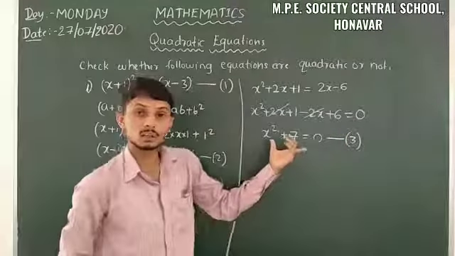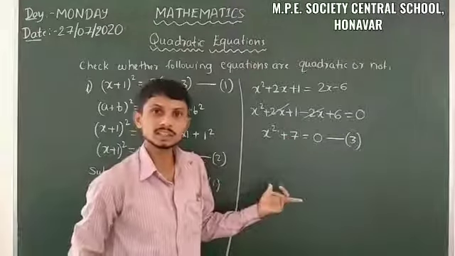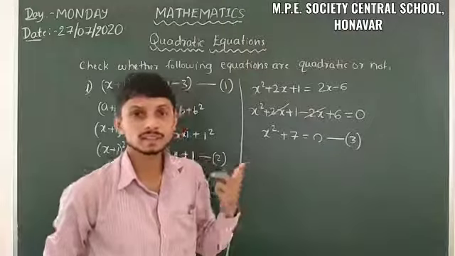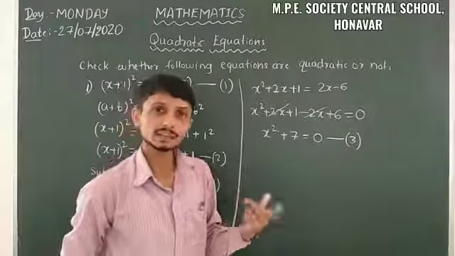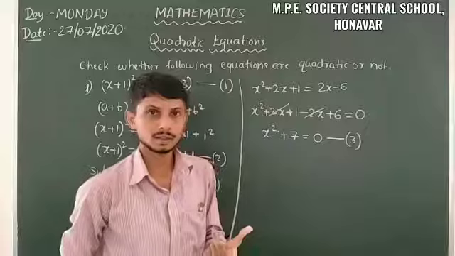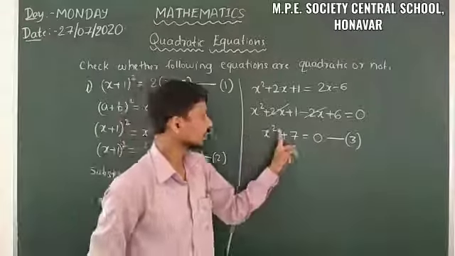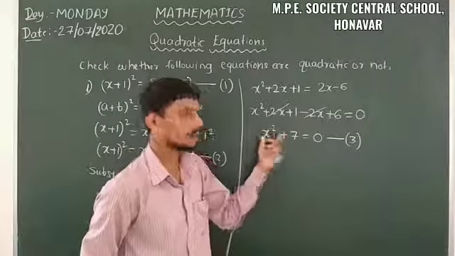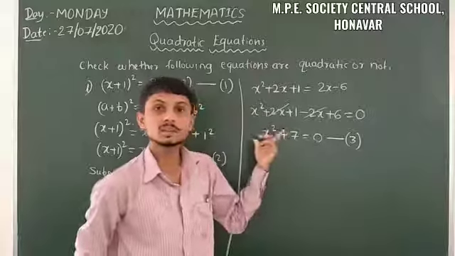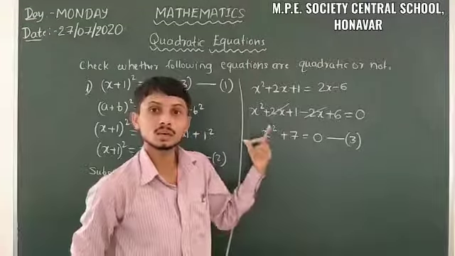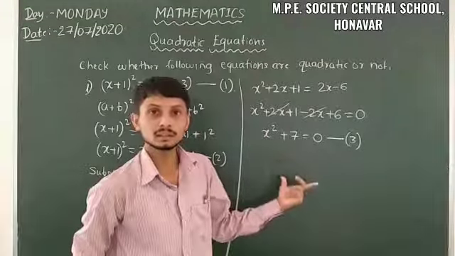So this is our required equation. Let us check whether the highest power of the leading term is 2 or not. Yes, the highest degree of the leading term is 2. That means it's a quadratic equation.